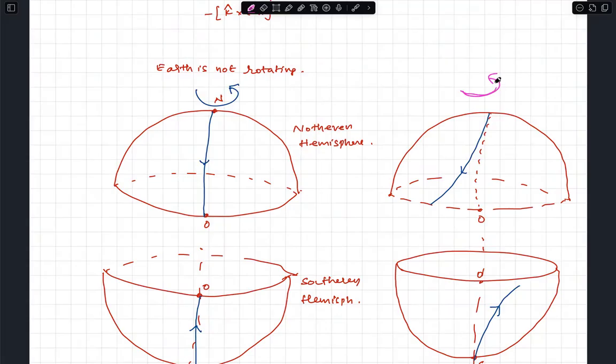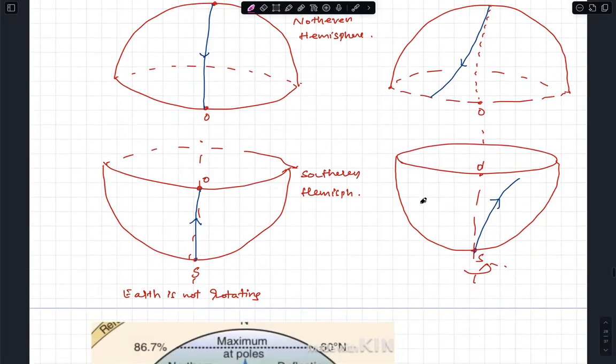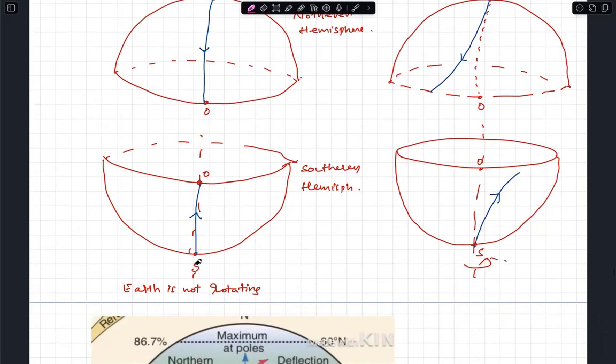In the southern hemisphere, if Earth is not rotating, it would reach O like this. Because Earth is rotating, it will reach like this. In fact, this is responsible for your monsoons, which we are facing right now.